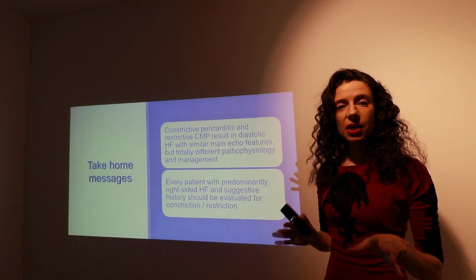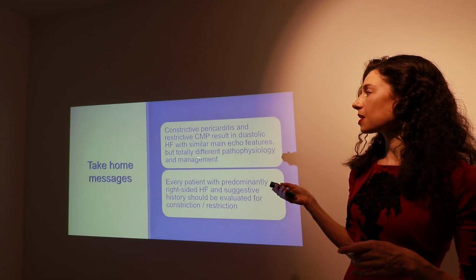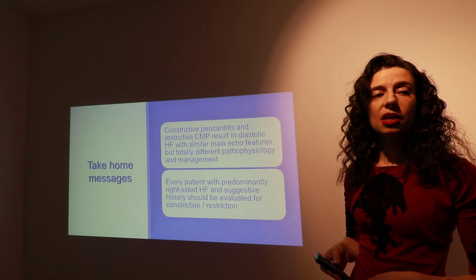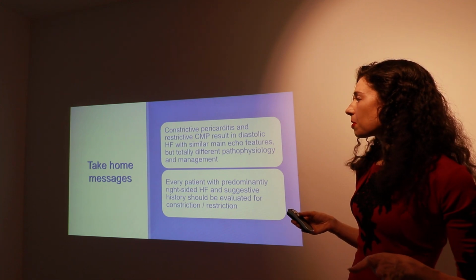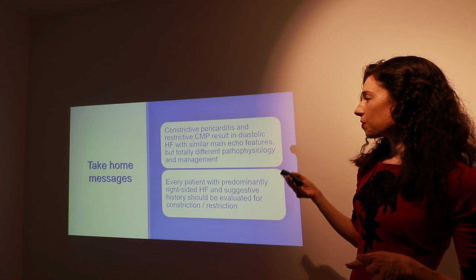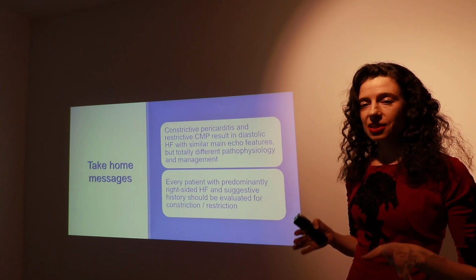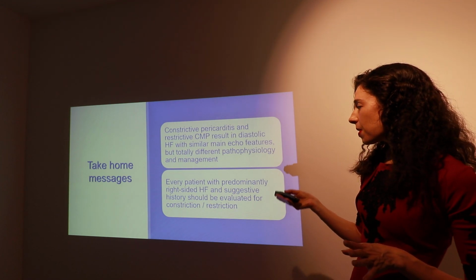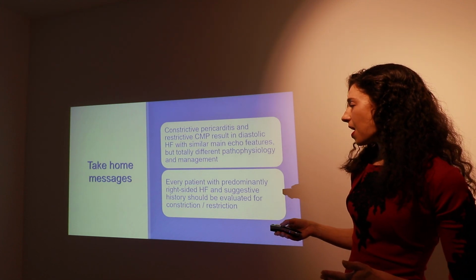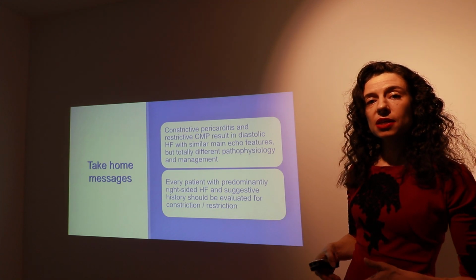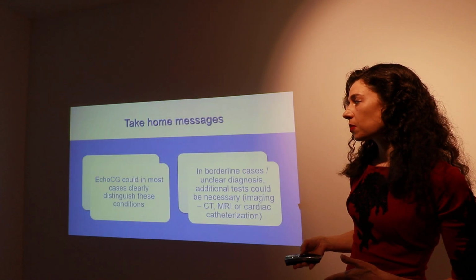So my take-home messages to you are that constrictive pericarditis and restrictive cardiomyopathy both result in diastolic heart failure with similar main echo features, but totally different pathophysiology and management. Every patient with predominantly right-sided heart failure and suggestive history should be evaluated for constriction and for restriction.